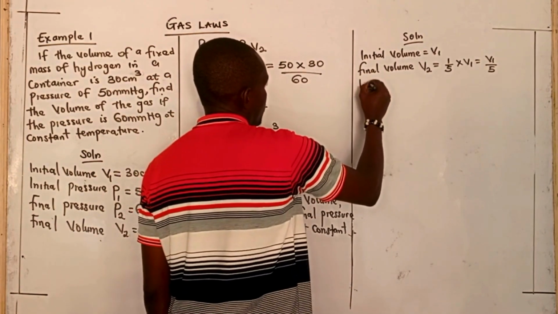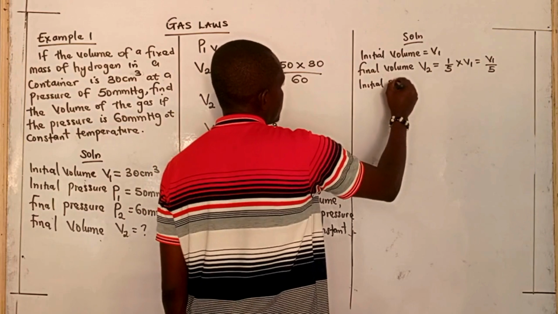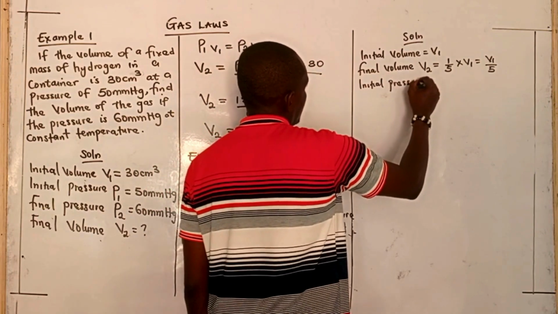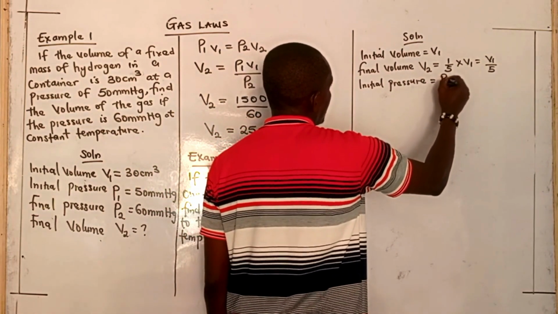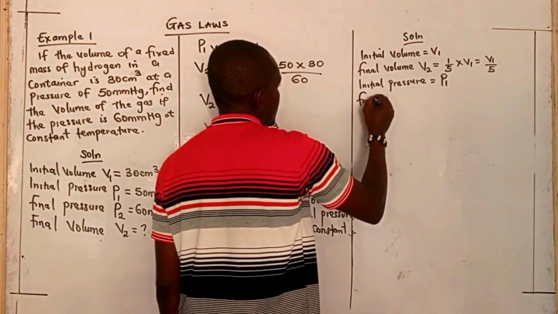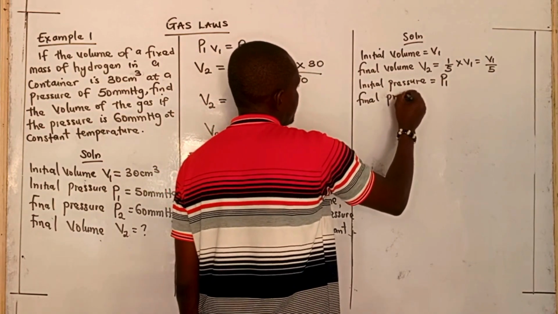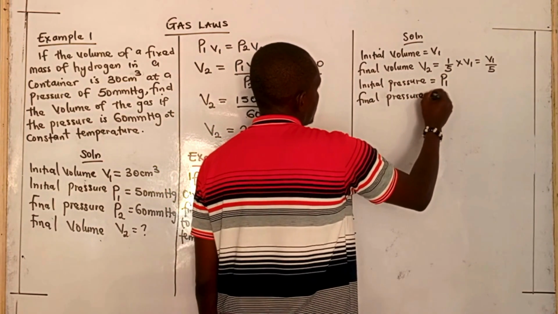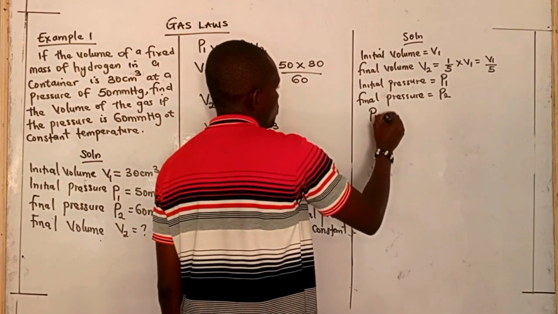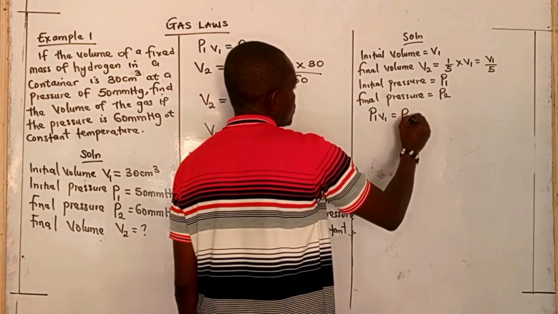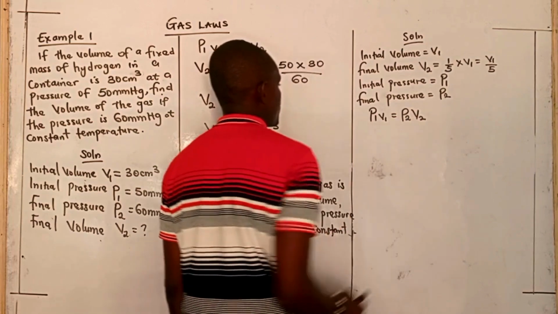Then we have our initial pressure to be P1 and our final pressure to be P2. Then our relationship remains that P1 V1 equals P2 V2.